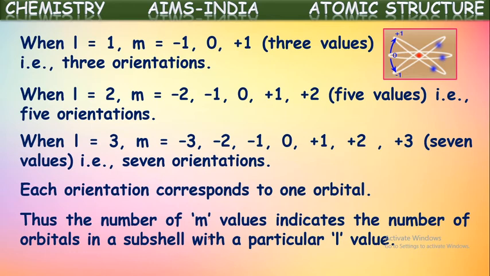The total number of orbitals present in each subshell is given by the formula 2l plus 1, the total number of possible orientations.